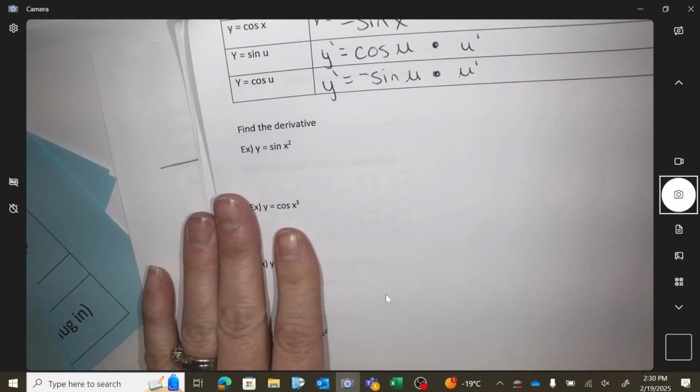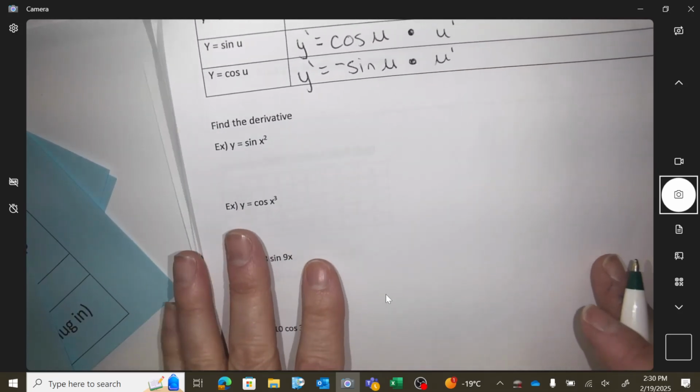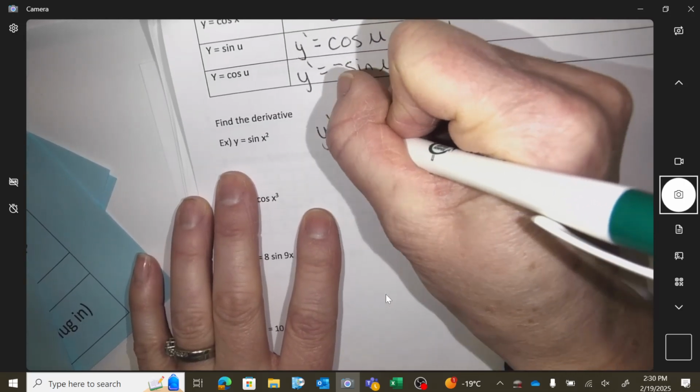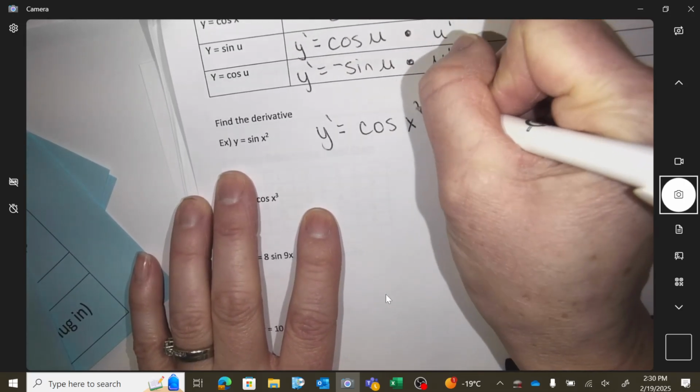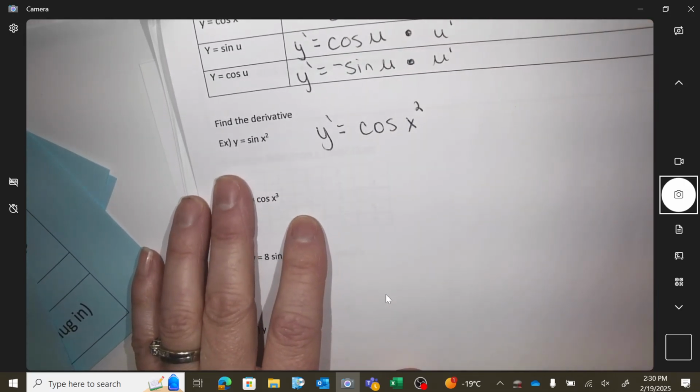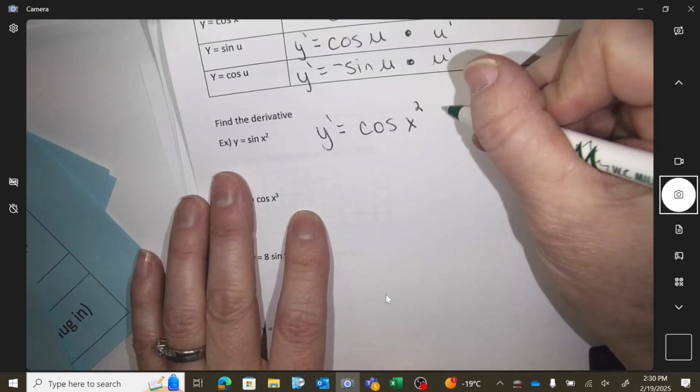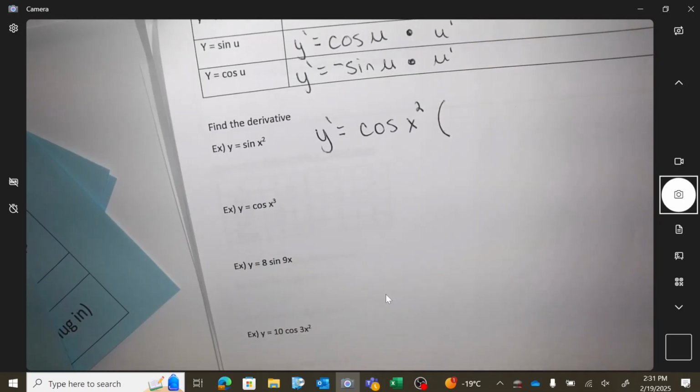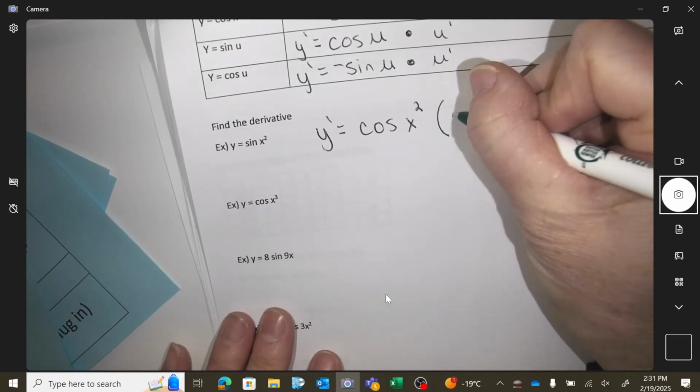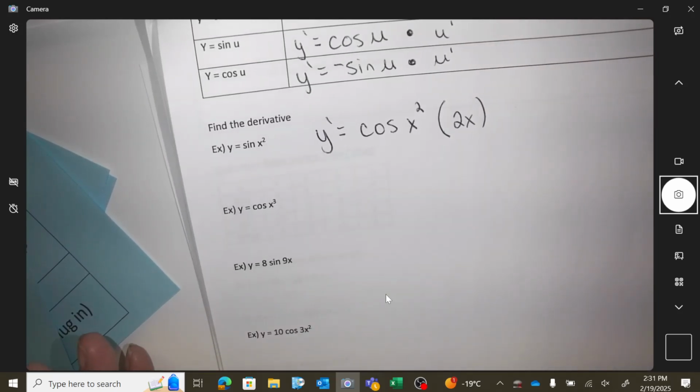Okay, so here I go. If y equals sine of x squared, y prime equals cos of x squared. Now I have to attach the derivative of that unit, which is 2x. Okay, so it's very similar to other things we've learned.